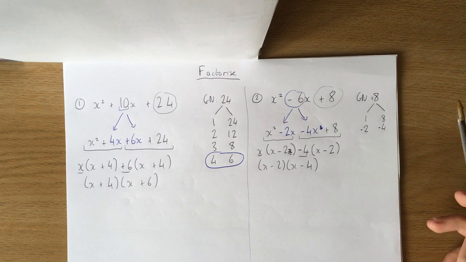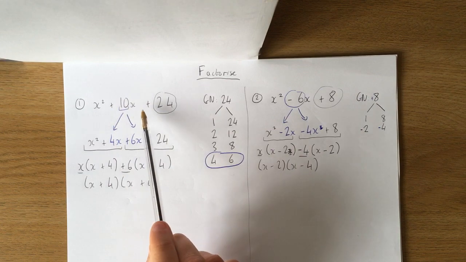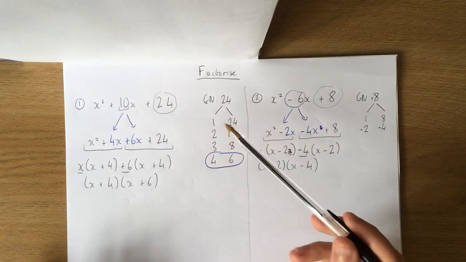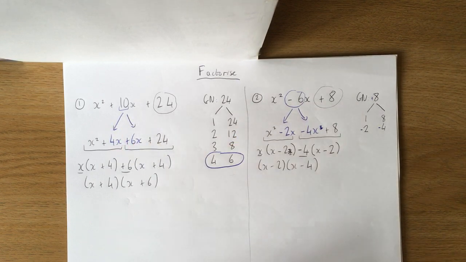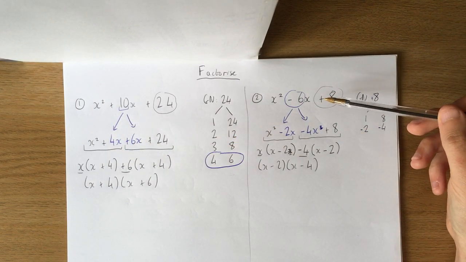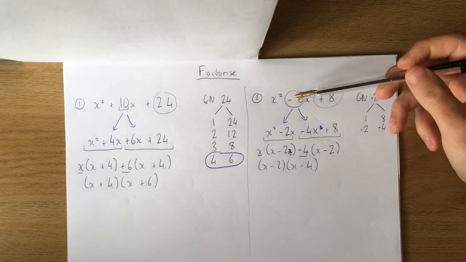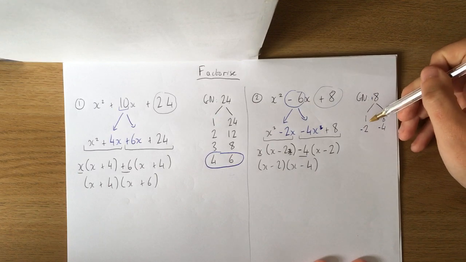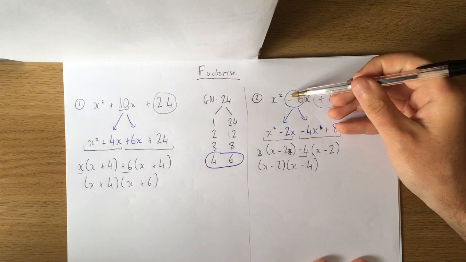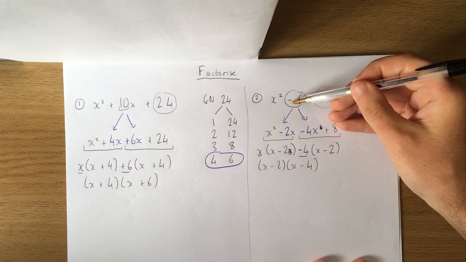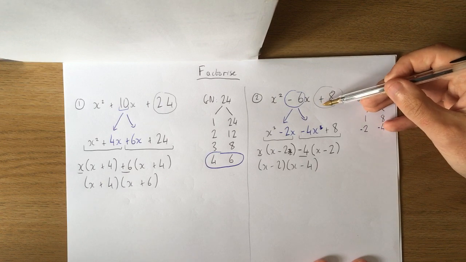Okay, so if these quadratics have a plus here and a plus here, it's straightforward. Your factors are all going to be positive. You're going to split this up into two positive numbers as well. If you've got a plus here and a minus here, you're going to have two negative factors, because your factors need to give you a negative number when you add them together, but they need to multiply together to give you a positive number.